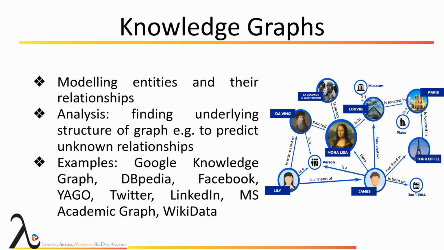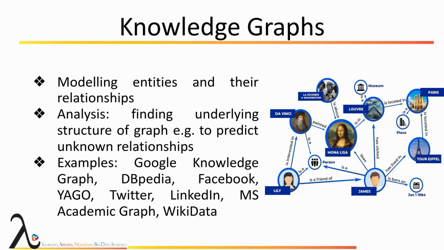Another view of knowledge graphs is that they model entities and their relationships, where entities are represented as nodes and edges are relationships. For example, Lily has a friend, and Lily is interested in Da Vinci, who painted the Mona Lisa, and all these relationships can be represented as a graph.